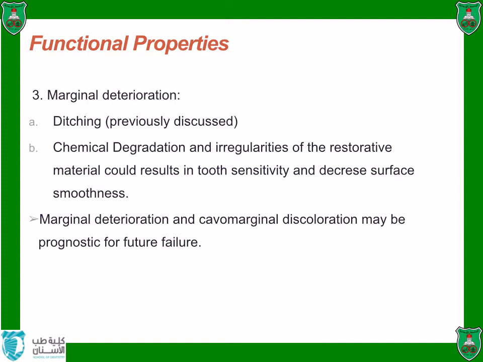Now, if you diagnose a marginal deterioration because of chemical interaction with the oral environment, usually this material will fail in the future. So it's very important to know the material that you are using in your lab and in your clinic, and it's better to use a material that has good properties, good wear resistance, doesn't interact with the tooth structure or the oral environment, and doesn't have chemical degradation.